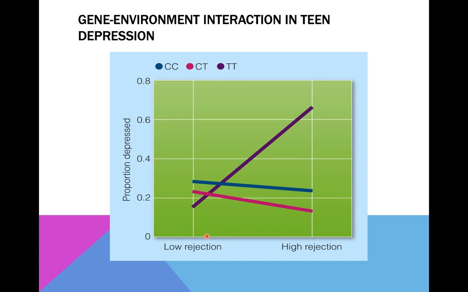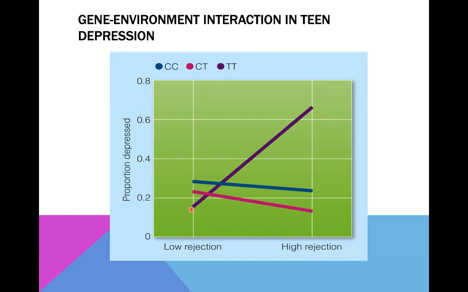And what they find is that in low rejection environments, so in positive environments, the proportion that are depressed does not matter depending on these genes. Whether you're CC, CT, or TT genes, there really isn't much of a difference. So you could make the argument that here's around 0.3, like 30%, and this over here is a little under 2. So that could be a difference, but it's not statistically meaningful.